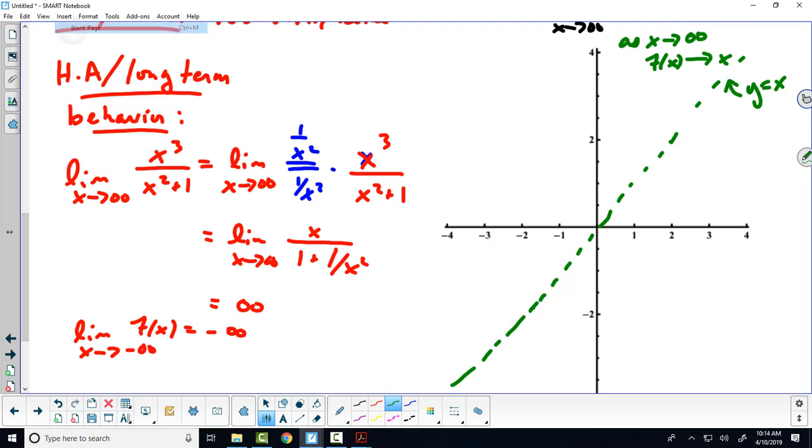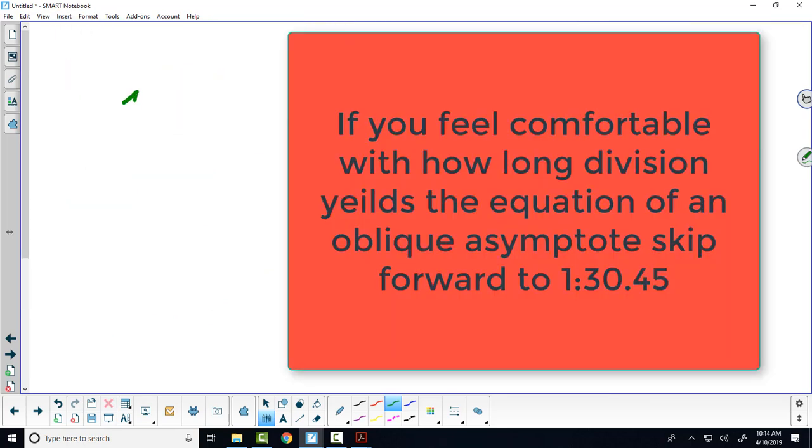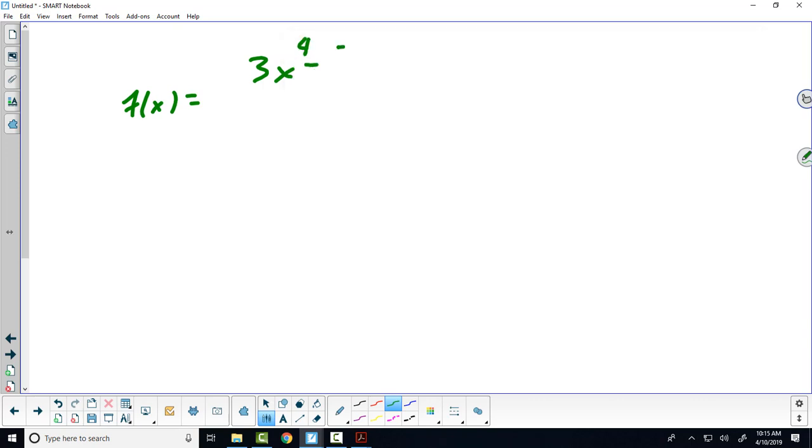So if I gave you this function right here, f of x is equal to 3x to the 4th power minus 7x squared all over x cubed. In fact, let's make this 6x to the 4th over 2x cubed plus 1. Okay.